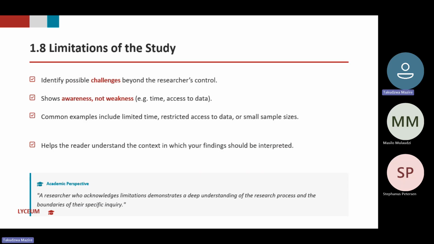After we have covered what the study covers, or what your research covers, it's important to also highlight what it doesn't. As I've said, highlighting limitations is not about admitting your weaknesses as a researcher.